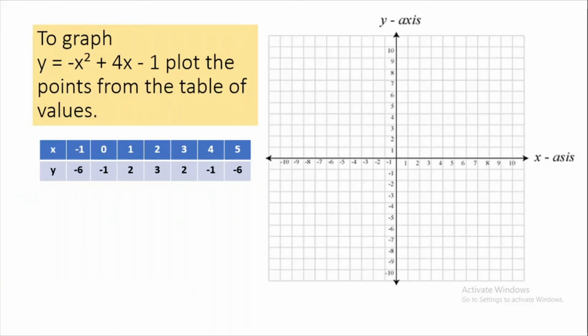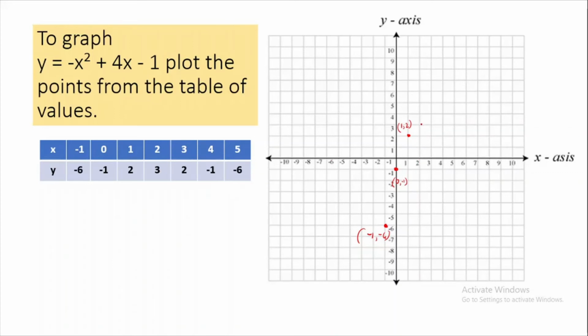So we have negative 1, negative 6. This is negative 1. This is negative 6. And then 0, negative 1. This is 0, negative 1. And then we have 1, and then 2, positive 2. And then we have 2, 3.